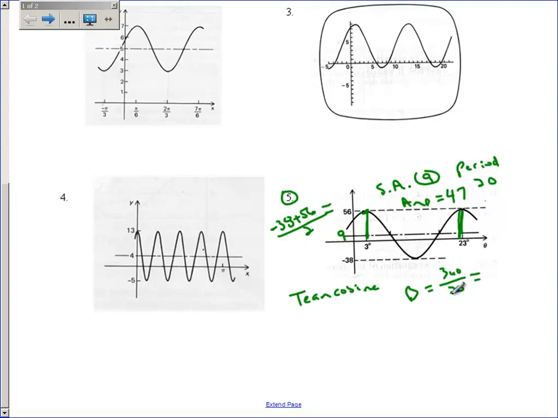Does anyone know? 36 divided by 2. So isn't this 18? The zeros cancel? Yes, 36 divided by 2 is 18. So my equation is y equals sinusoidal axis, 9, plus amplitude, 47. I'm a cosine man. Cosine. Number B that comes from the period 18, and then shifted over 3.